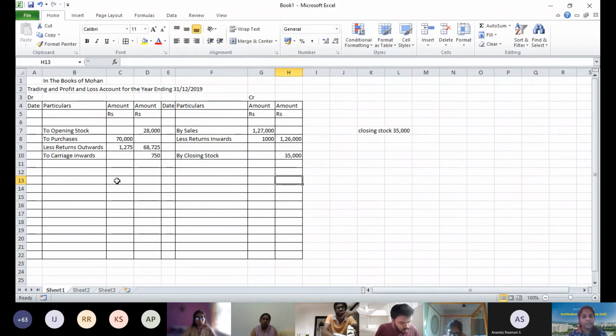Now, what is the total? 1,26,000 plus 35,000. We know the credit side is higher by seeing the amount itself, right? So how much is the amount here? 1,61,000, ma'am. 1,61,000 minus 750, 68,725 and 28,000. How much do you get?